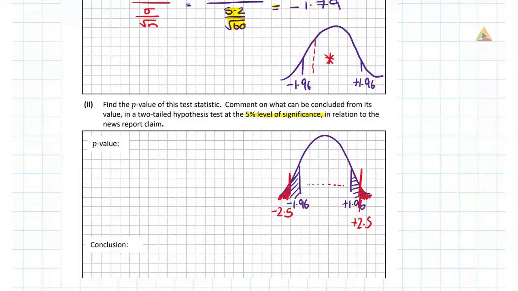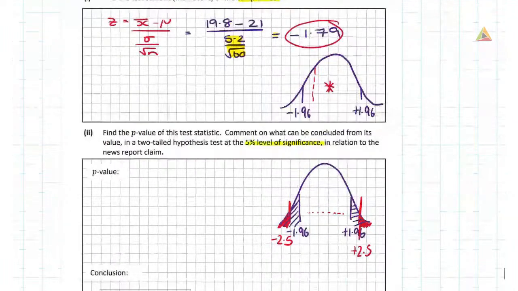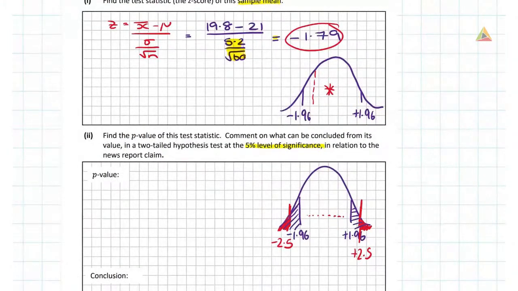Okay, so we're going to calculate the p-value of this test statistic that we found up in part 2. And how we do that is your p-value formula is twice, because there's 2 of them, twice 1 minus the probability that z is less than or equal to whatever your test statistic is.